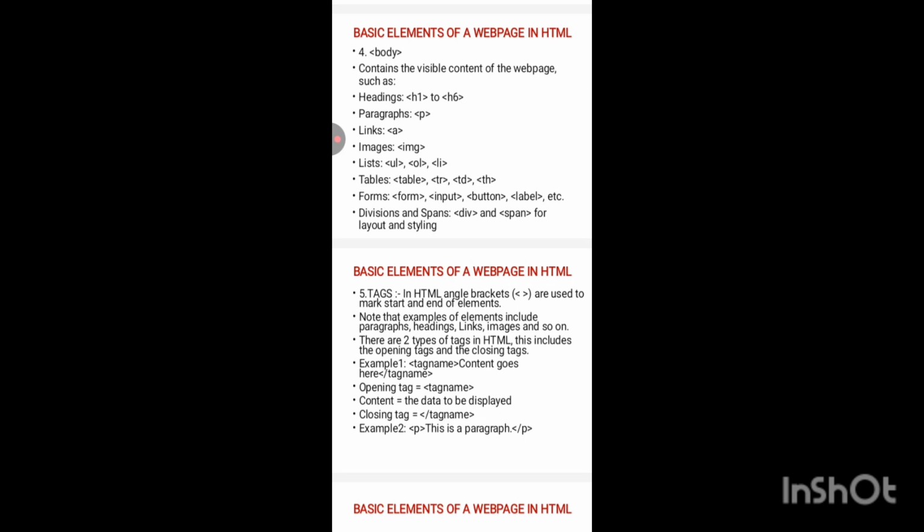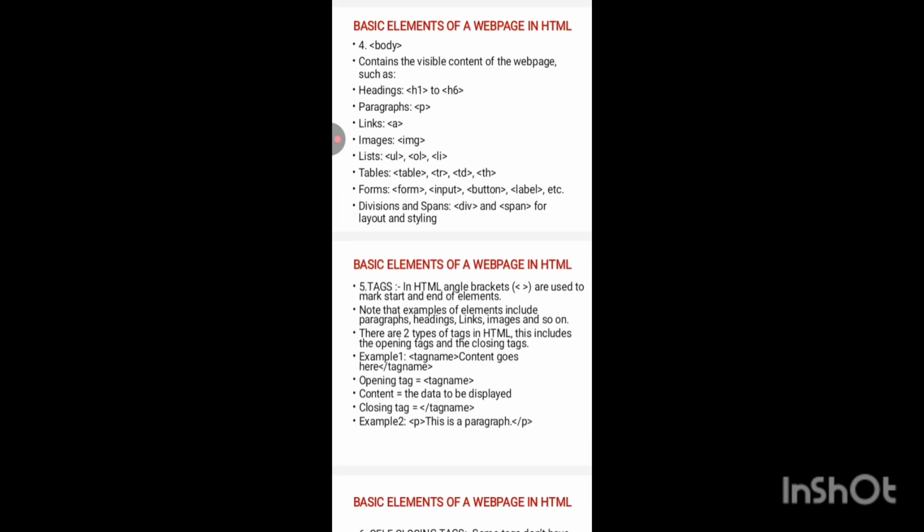We have the unordered list and the ordered list. The unordered list is the UL, while the ordered list is the OL, and the list item itself is LI.